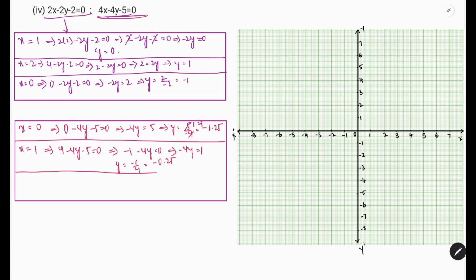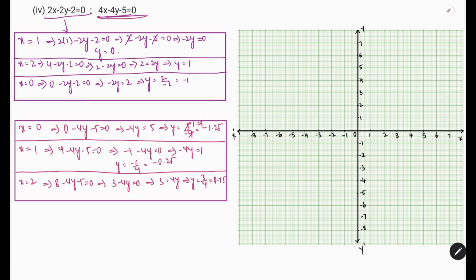Okay, here again if you take x as 2, so 4 into 2 is 8, minus 4y minus 5 equal to 0. Okay, 8 minus 5 is 3, minus 4y equal to 0. If you take 4y to the right side, it will be 3 equal to 4y. So y equal to 3 by 4, it is 0.75.